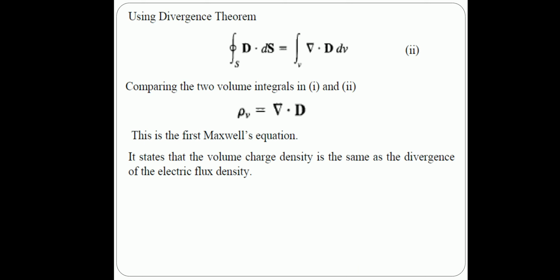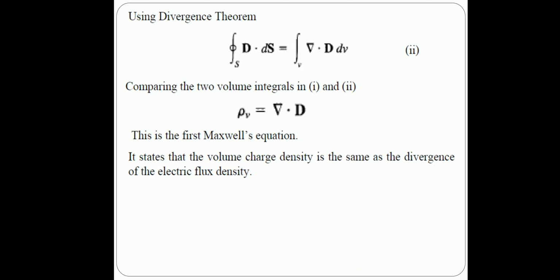And by equating the inside terms we can write rho v equal to del dot D. That is called Maxwell's first equation for the electric field, the point form representation of Maxwell's first equation, and it is a very important equation that we use in electromagnetic propagation.